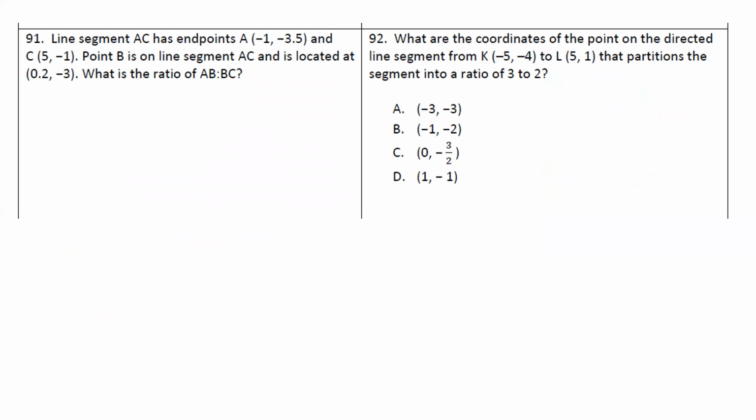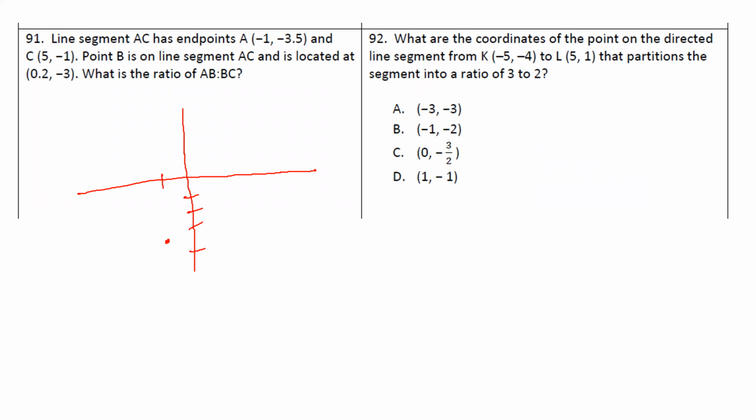All right, on the next one, the line segment AC has endpoints at A at -1, -3.5, and C at 5, -1. Point B is on segment AC and is located at, what's the ratio? All right, so we have A was at -1, -3.5. 1, 2, 3.